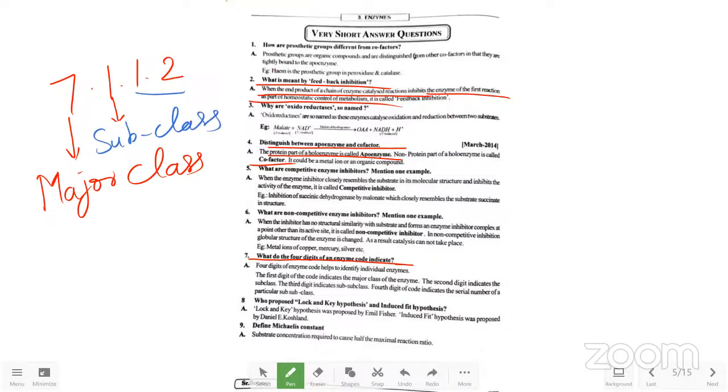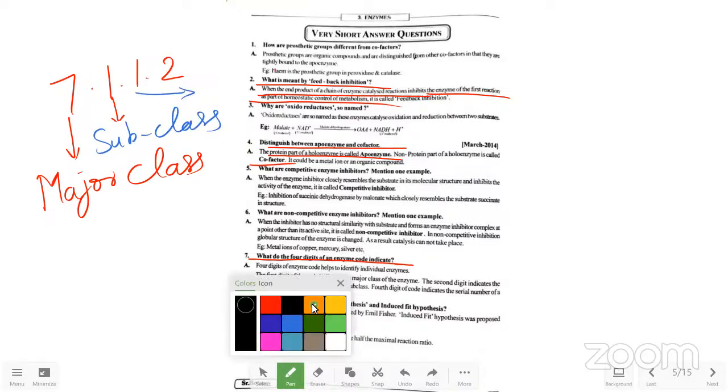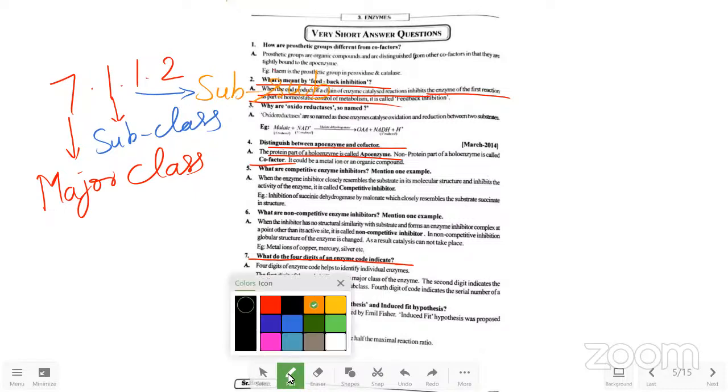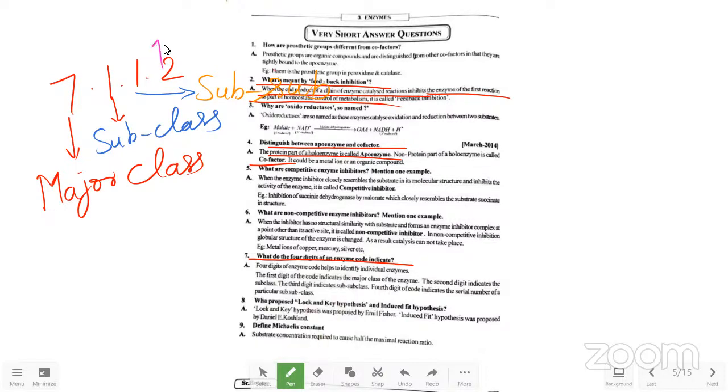And the third digit indicates the sub-subclass of the enzyme. And the fourth digit indicates the number of the enzyme in the subclass.